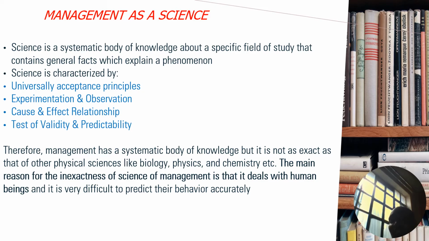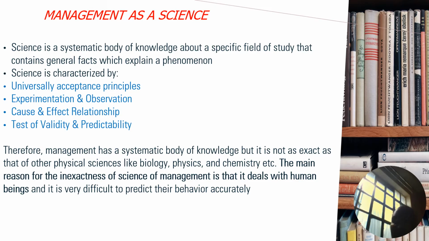Then characteristic number 4 is the test of validity and predictability. The validity of scientific principles can be tested at any time or any number of times, meaning they stand the test of time.